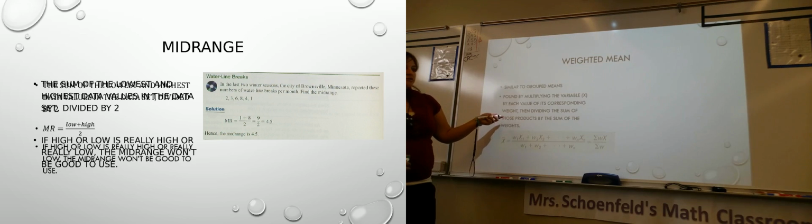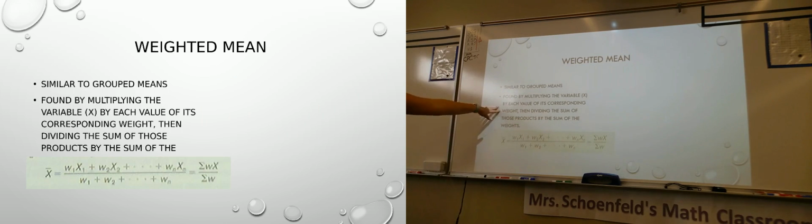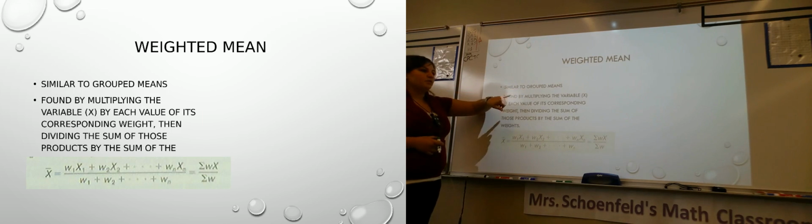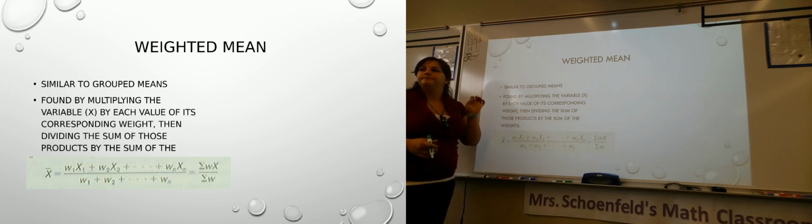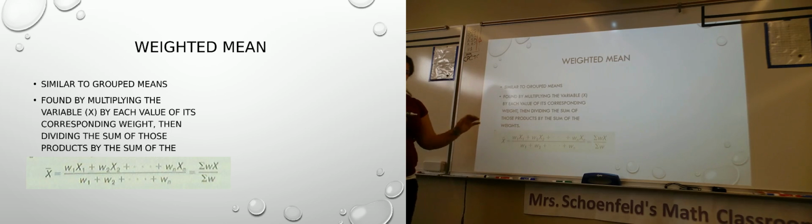Okay, weighted means. The way we use weighted means a lot, a really good example, is just finding your grade point average. It's pretty similar to the group means. We multiply numbers together, find the sum, divide by the sum of our weights basically. So it really is similar. I don't know if I have more than that.